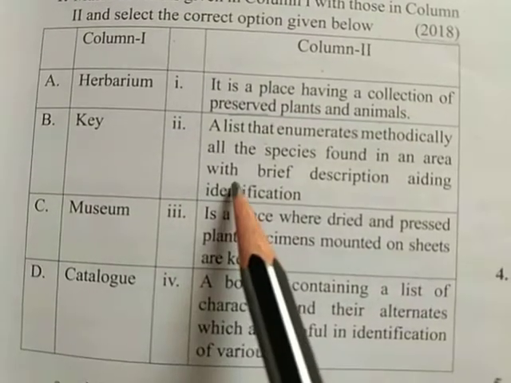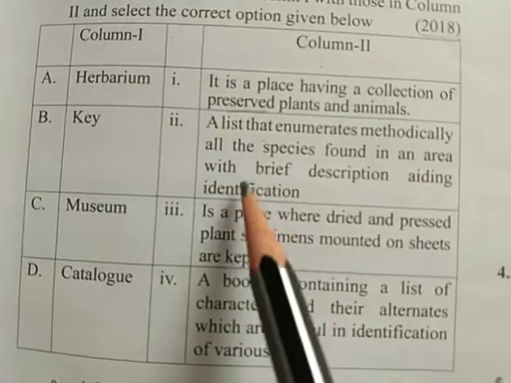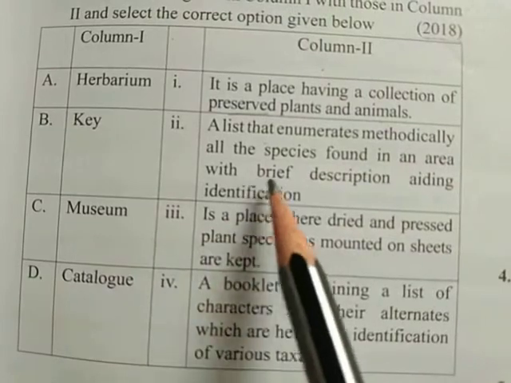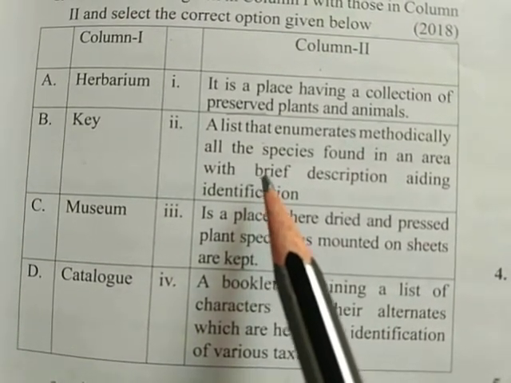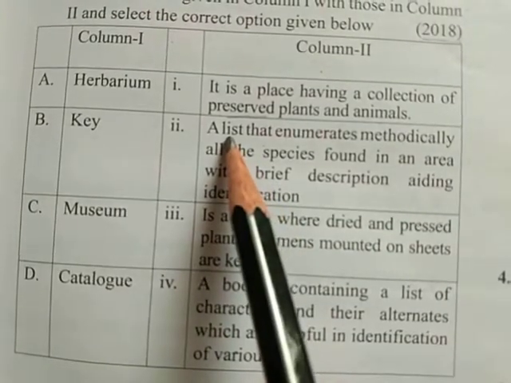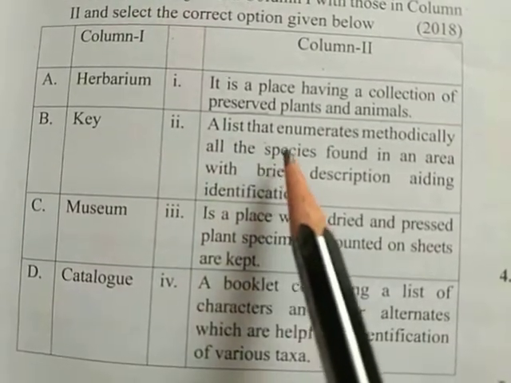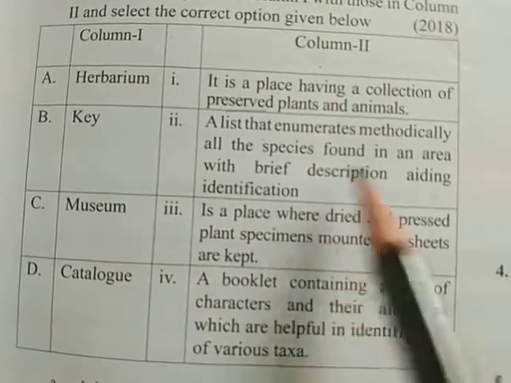Later on we'll see this one. If a list is there, it will be a catalog, right?